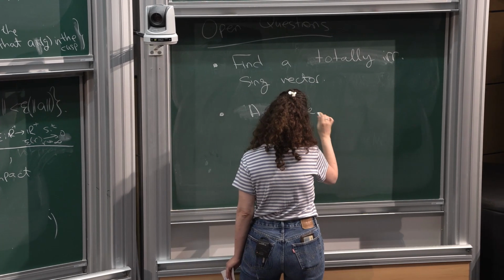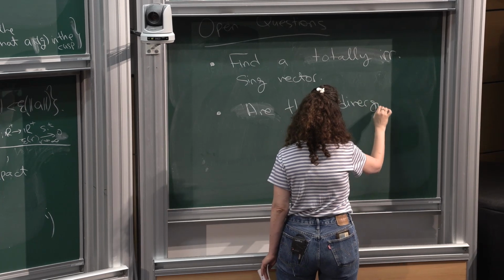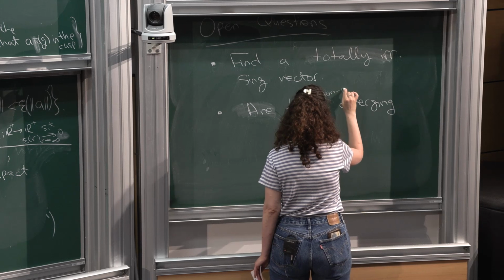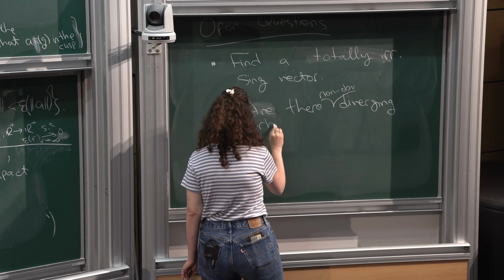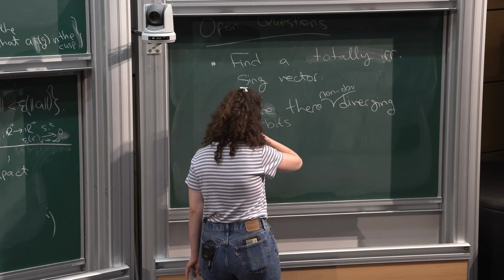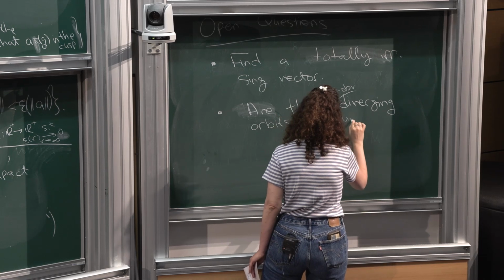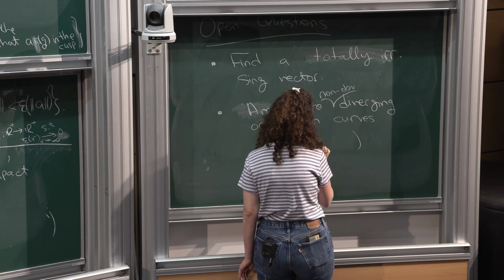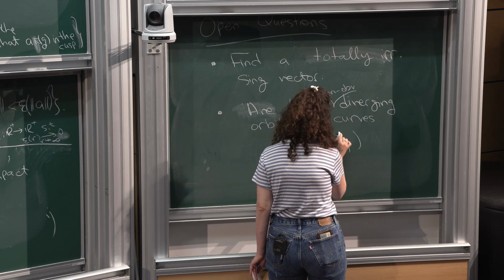Are there non-obvious diverging orbits on curves? In SL_n, it means a curve in this space.